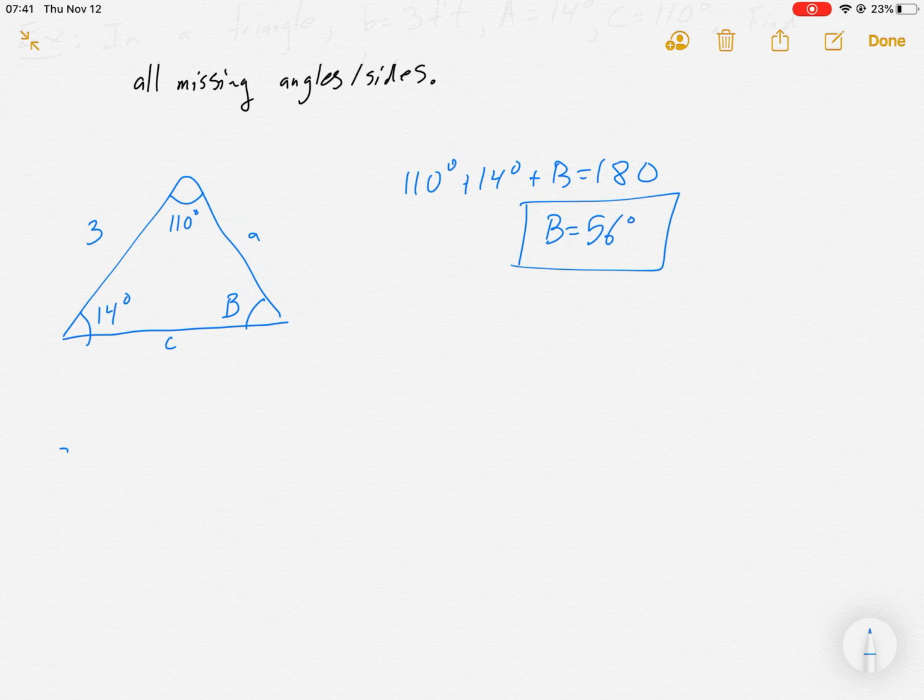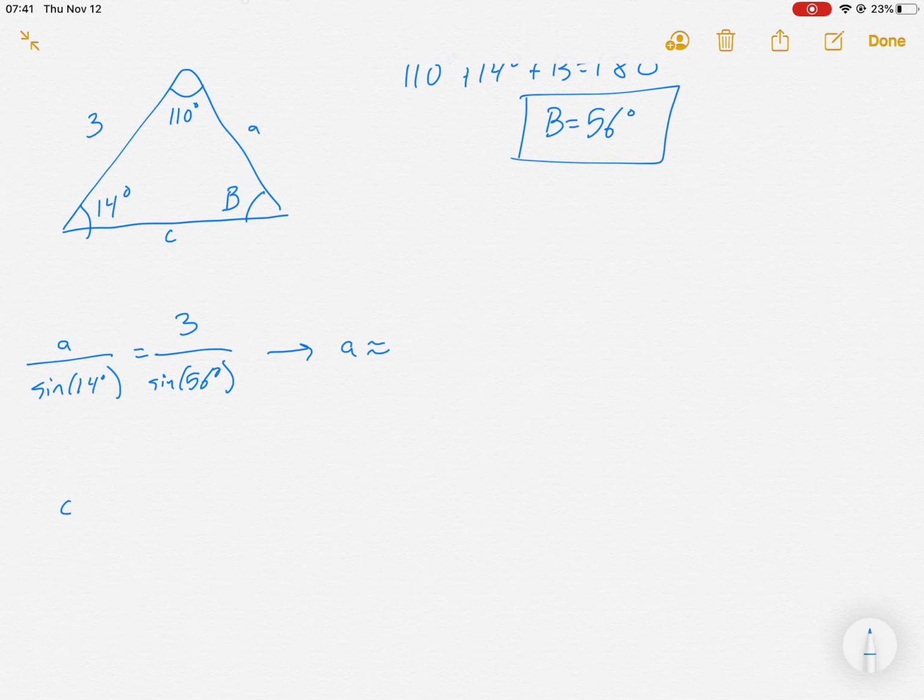You could do A over sine of 14 equals 3 over sine of 56, which would give you A. And then to solve for C, you'd go C over sine of 110 is the same as this ratio for B, 56 degrees, and then this would give you C.